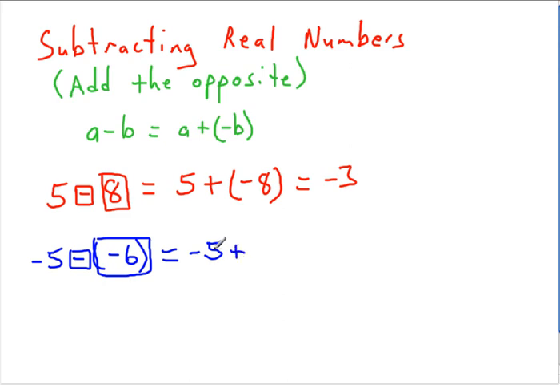We're going to add instead of subtract. And then that negative 6, we're going to take the opposite of that, so 6. Now this problem is much simpler. Negative 5 plus 6, using what we did earlier, we get 1. 6 minus 5. Alright, that should be it for the video.